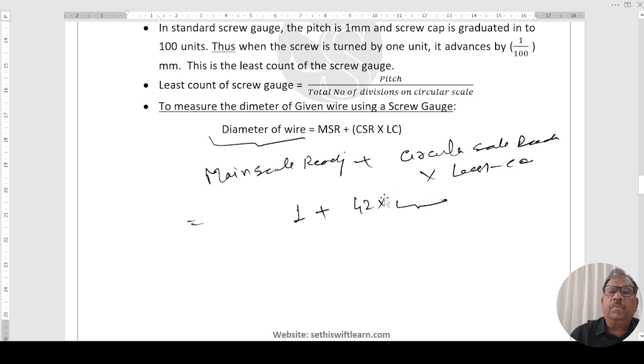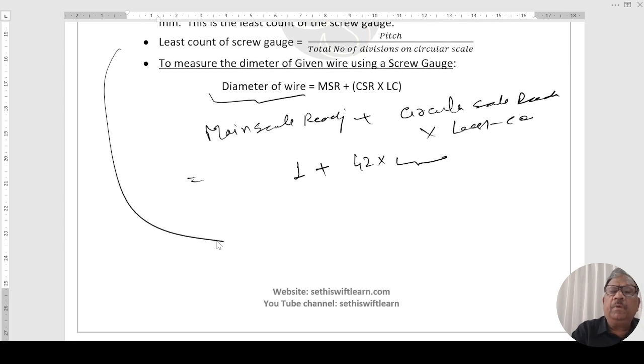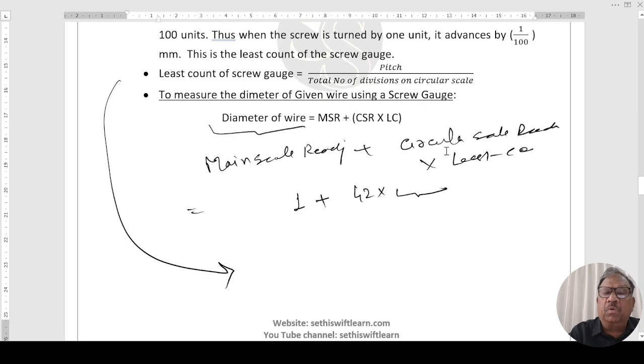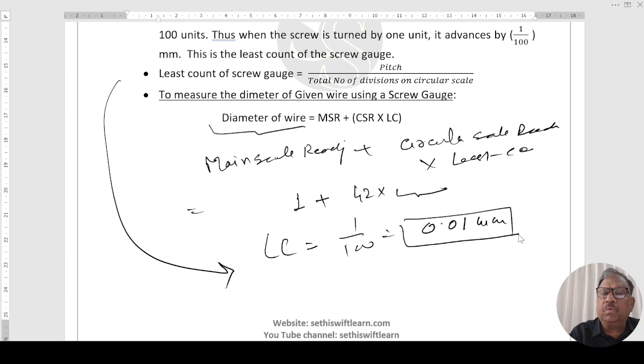How to find least count? Least count is given by this formula. Pitch of the screw gauge is the linear distance moved by the screw during one complete rotation. And least count is given by pitch divided by total number of divisions. So least count will be equal to 1 divided by 100, that is 0.01 mm. 0.01 mm is the least count.